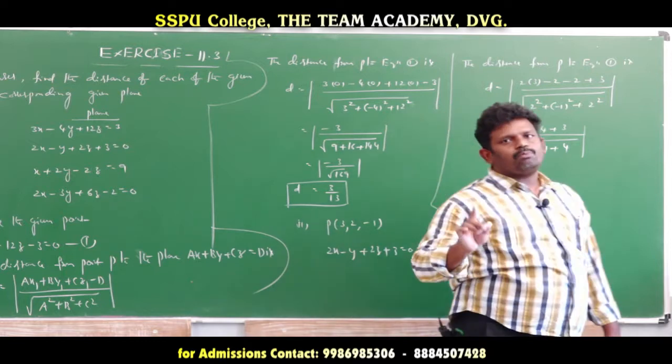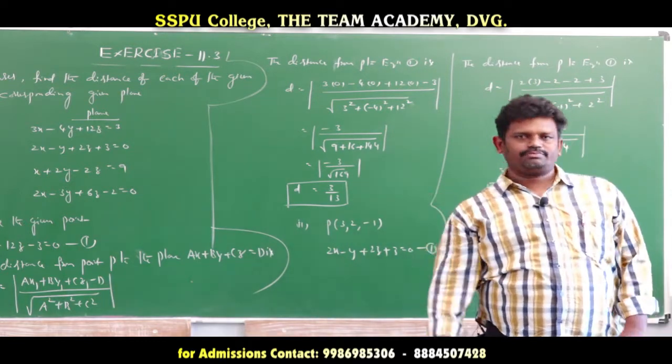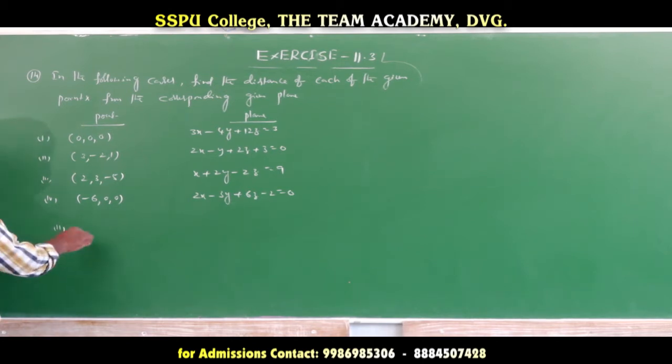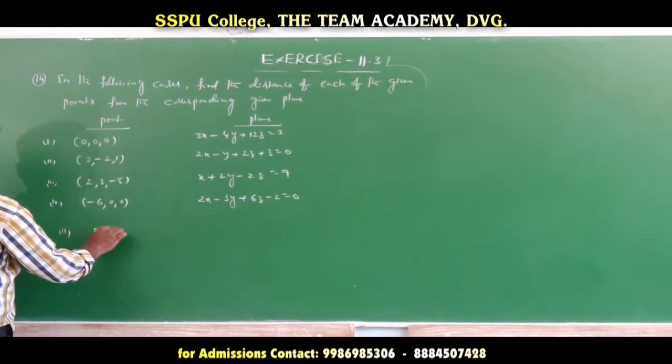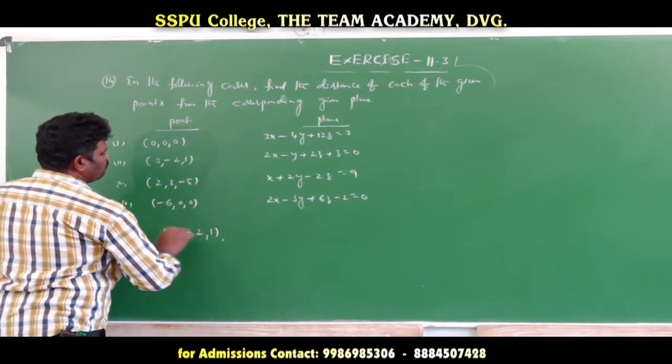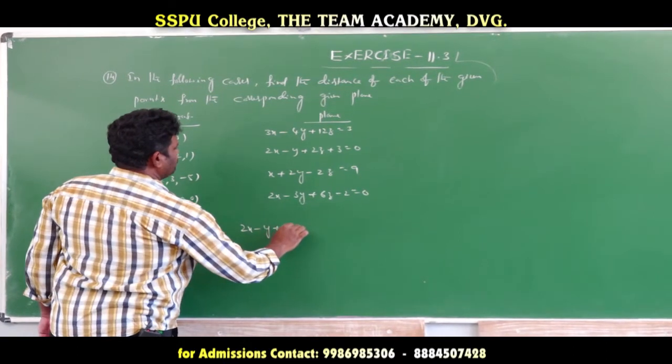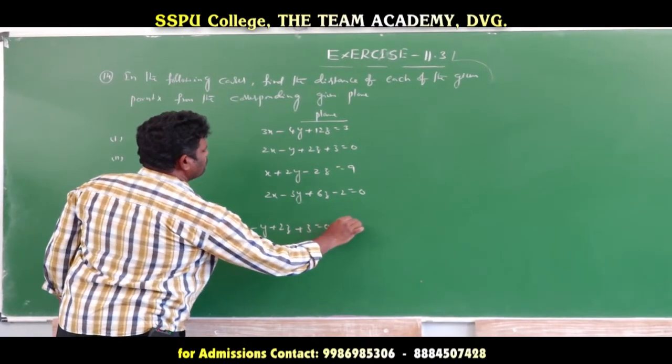This is an important bit for one more question. Now the second one: the given point is P of 3 comma minus 2 comma 1 and the given plane is 2x minus y plus 2z plus 3 is equal to 0.